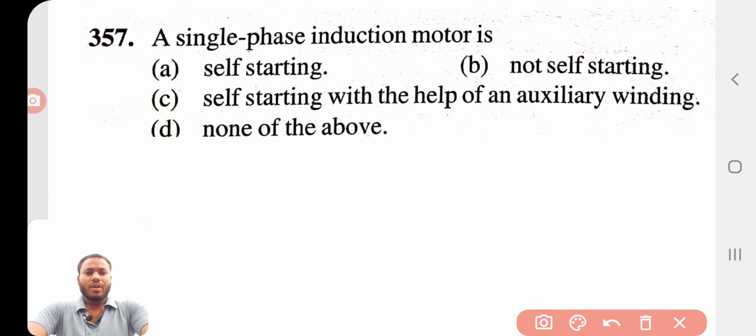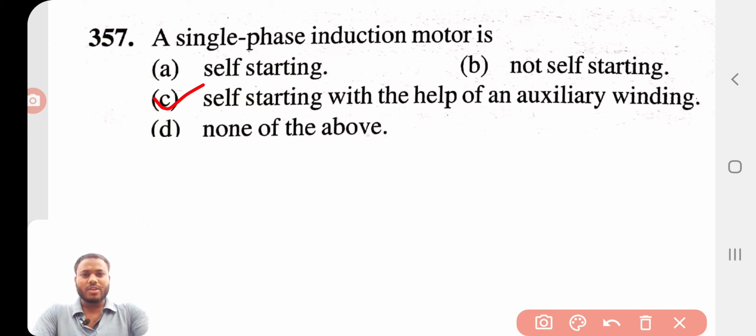The single phase induction motor is not self-starting, but if we give an auxiliary winding like a capacitor, or a split phase, then we can start the single phase induction motor. So, here the right answer will be number C, which is self-starting with the help of an auxiliary winding.